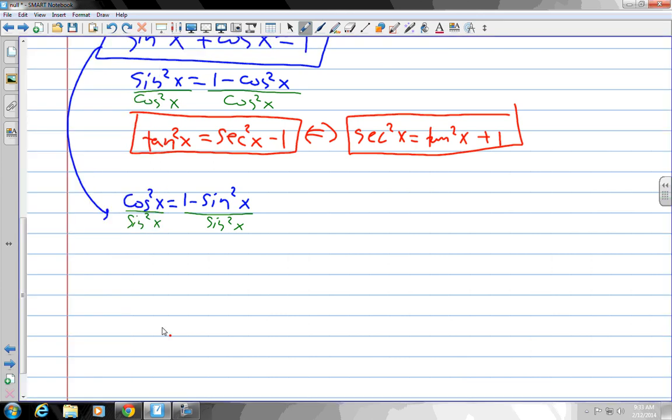So that will give me cotangent squared, because cosine over sine is cotangent, right? Equals 1 over sine is cosecant, so that's cosecant squared x, minus sine squared over sine squared, minus 1. And then, of course, I can manipulate that one. I can solve for cosecant.